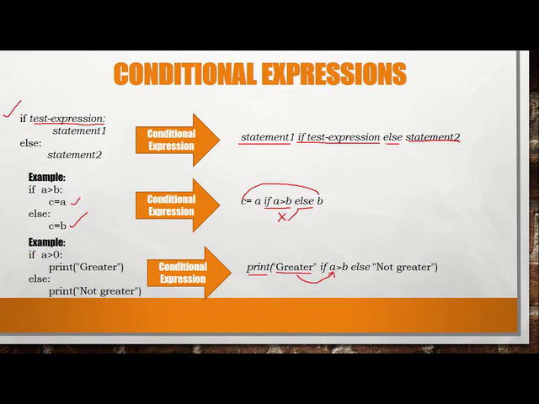And it's going to print not greater if this condition does not evaluate to true. So in that case, the statement after else gets executed. So it's going to print not greater. I believe you can understand how to write the if else statement using this concise conditional expression.